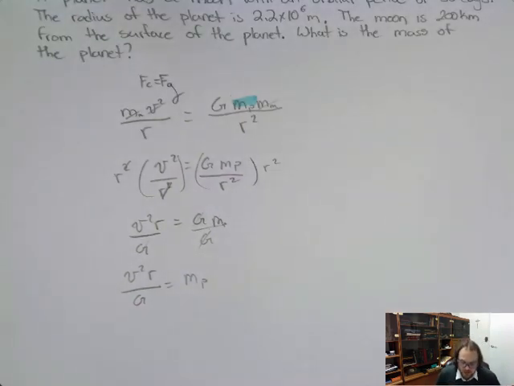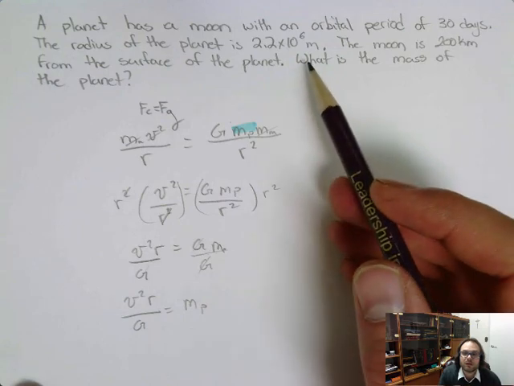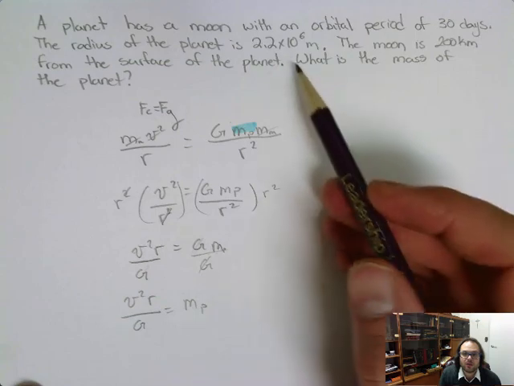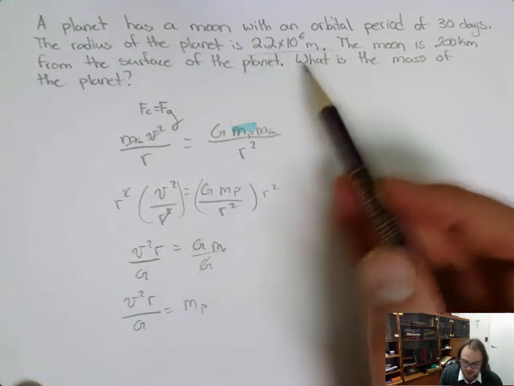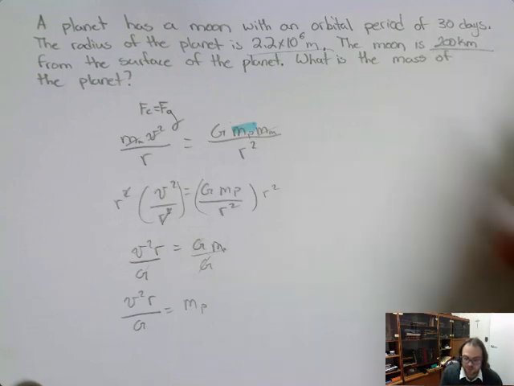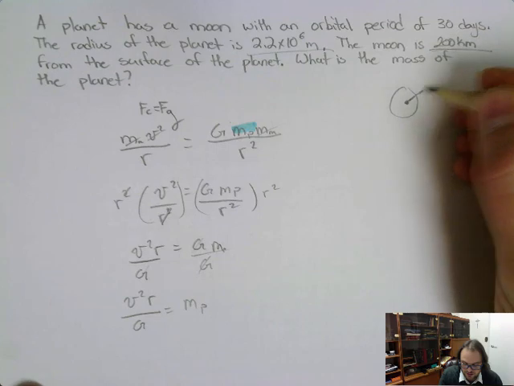Alright, now, looking at this here, we don't know my velocity. But I know what my radius is going to be. My radius is going to be the radius of the planet plus the distance away from the planet. So here's my planet. We have this radius, and then we have to add the distance of the orbit.